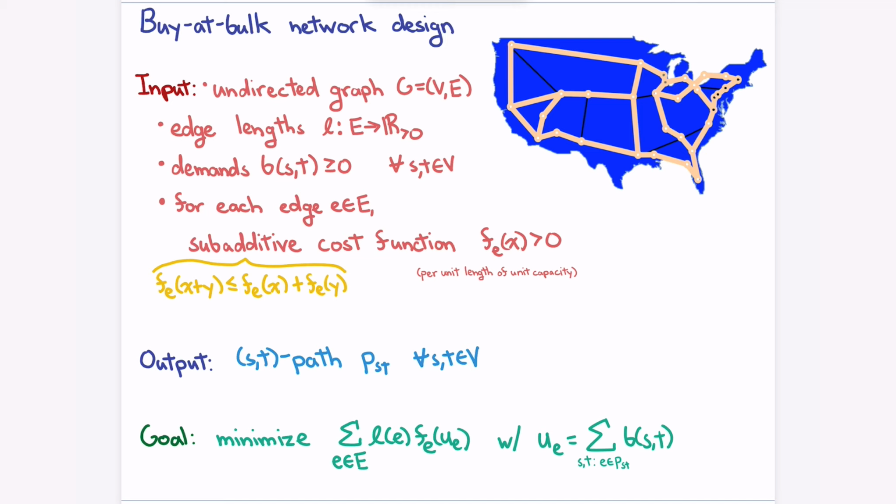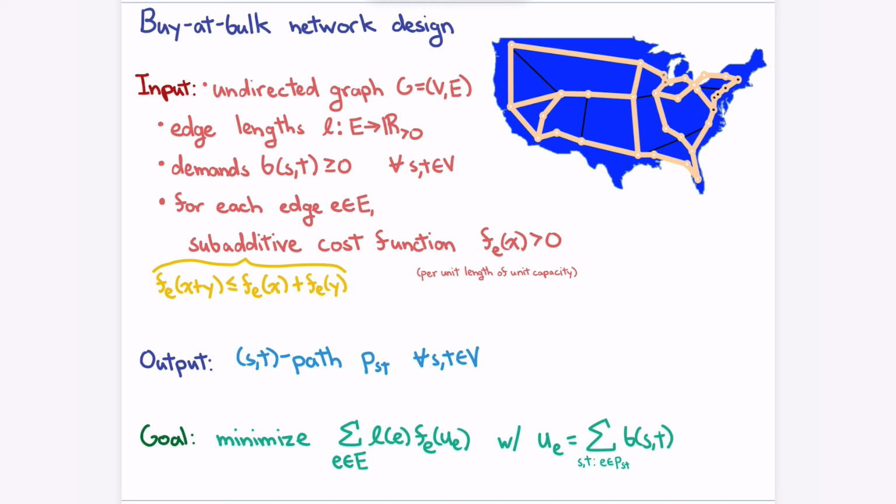So it's like saying you can go to Costco and buy a lot of wires over a single edge for a discounted price. Otherwise, it's just coming from an oracle. You don't assume any more structure other than that it's sub-additive. So it's some kind of economic looking thing.